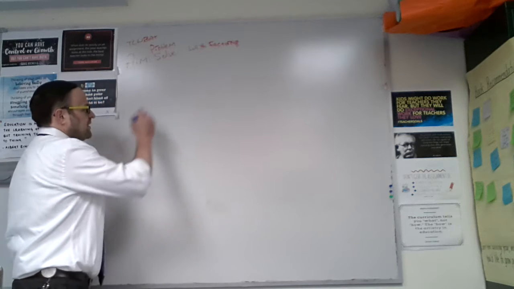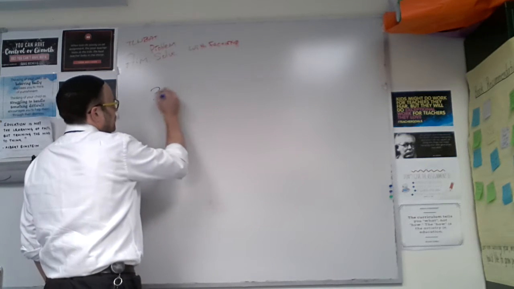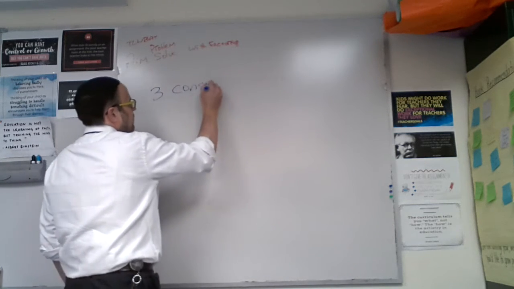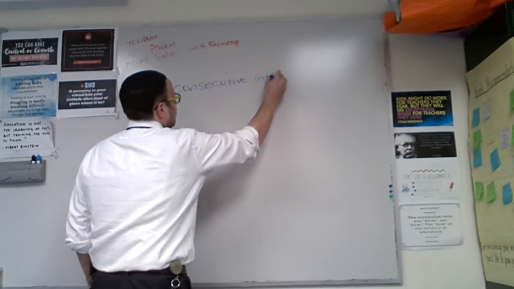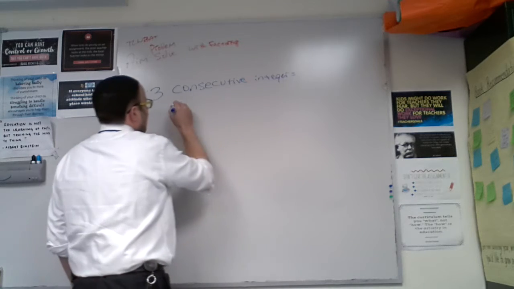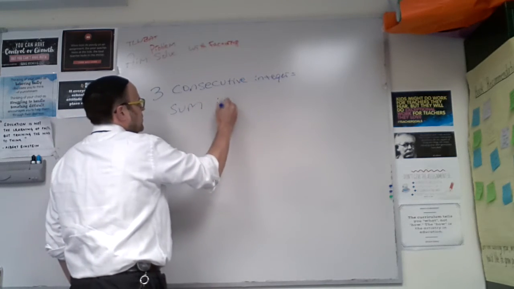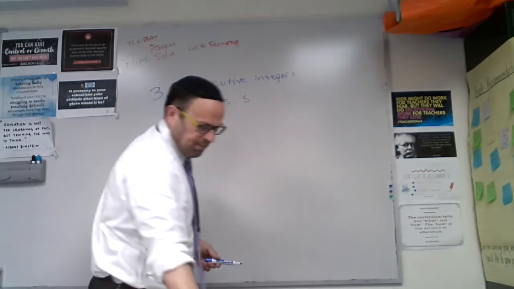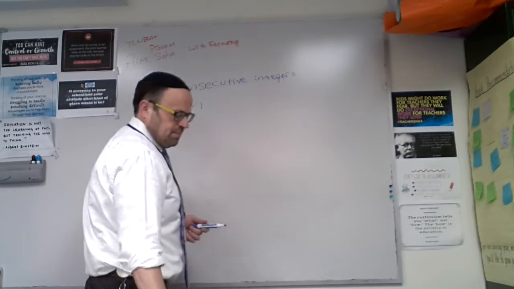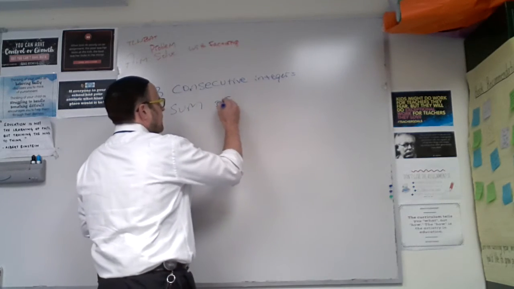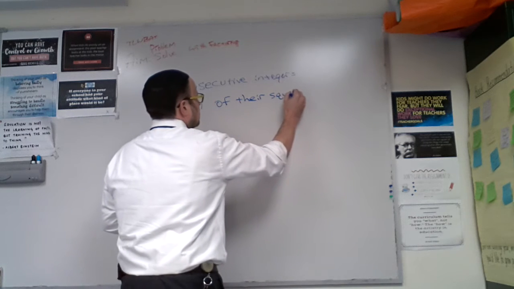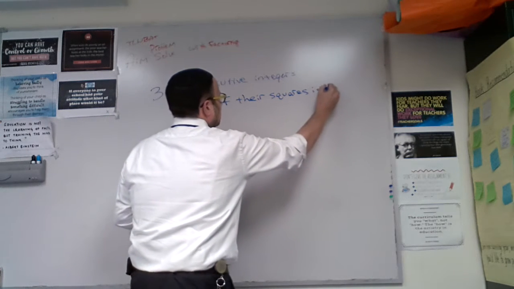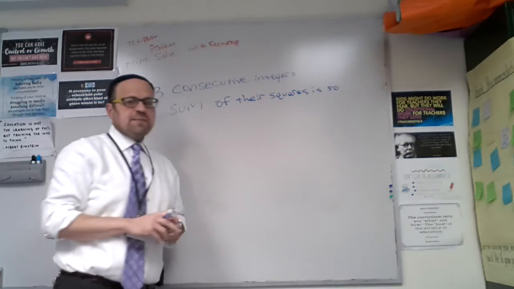We're now going to say, what if I told you that I had 3 consecutive integers, and I told you that the sum of their squares is 50.